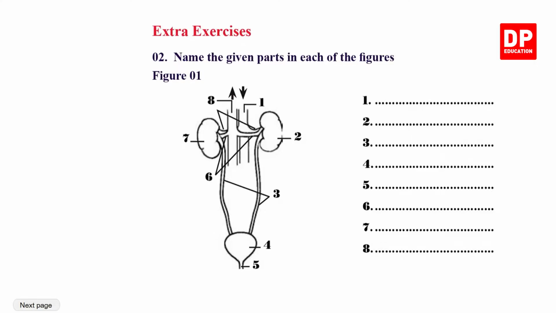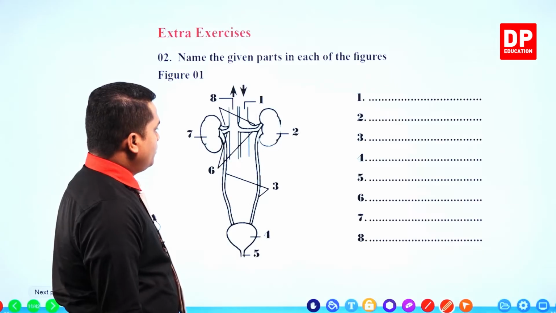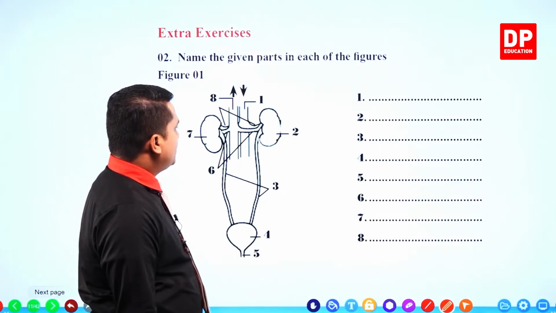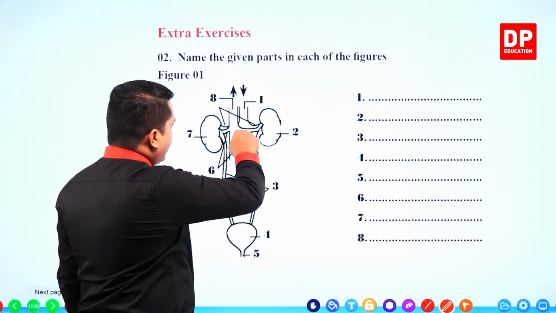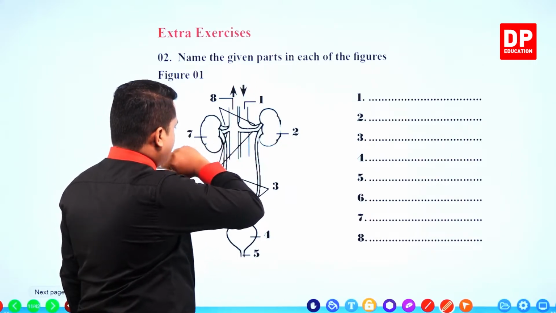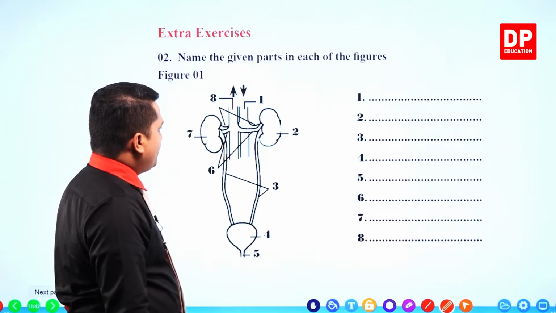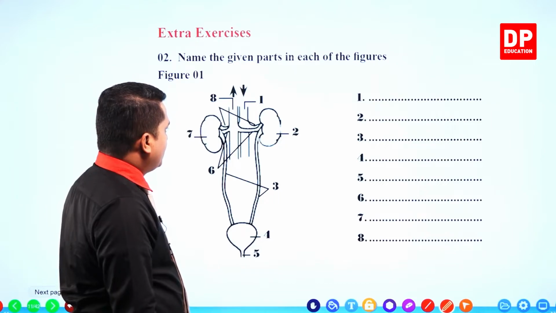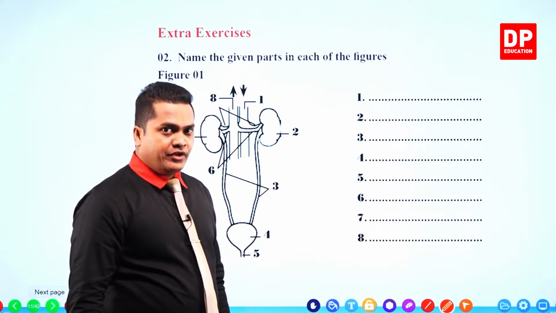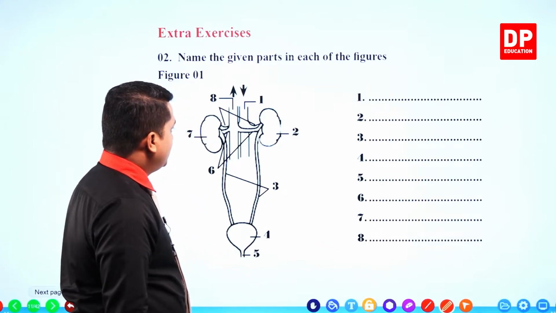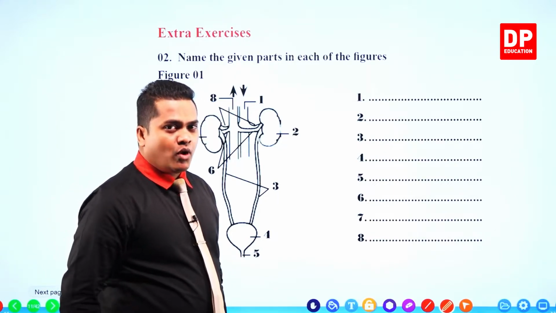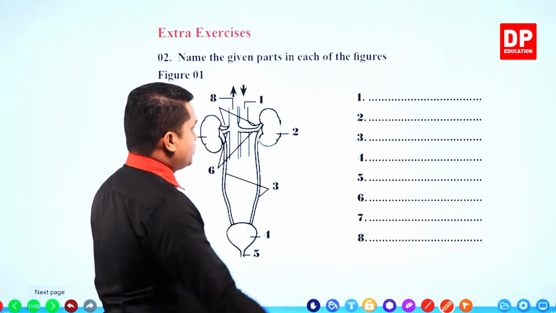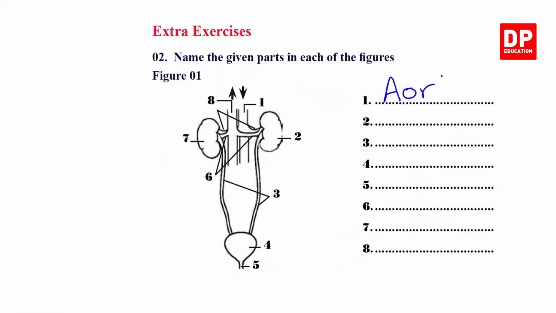Now this is the first figure which is given under that question. So let's see what parts are given here, my dear children. First of all, from 1, blood is coming towards the kidneys. Number 1 is the main artery in our body which supplies the blood, so 1 is the aorta.